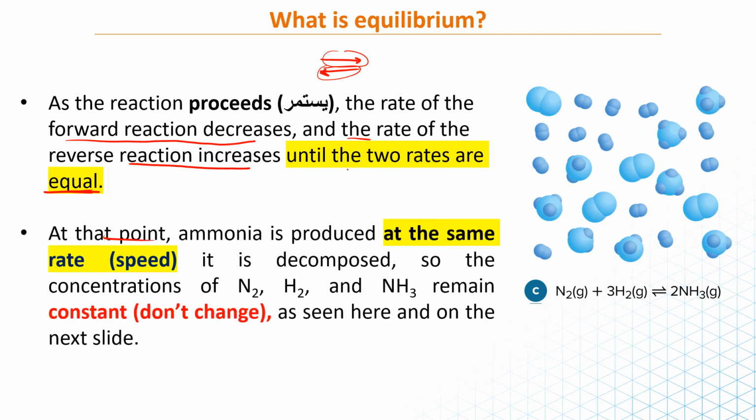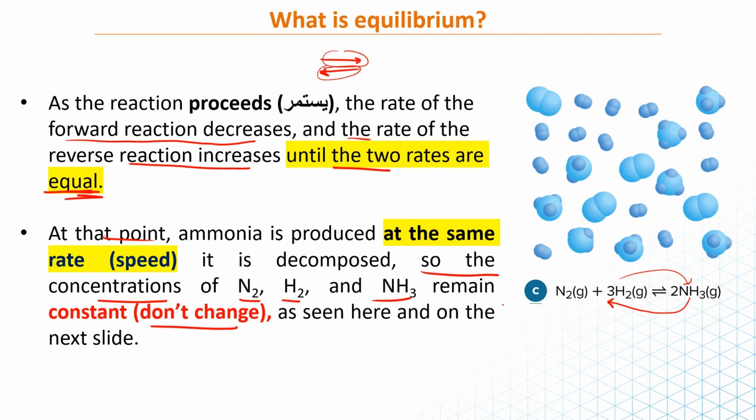At that point, at the point where the rates are equal, ammonia is produced at the same rate or speed that it is decomposed. What does this mean? يعني الكمية اللي قاعد أكونها من الأمونيا هي نفسها الكمية اللي قاعدة تتفكك وتكون لي المتفاعلات. Okay? So the concentrations of N2, H2 and NH3 remain constant.